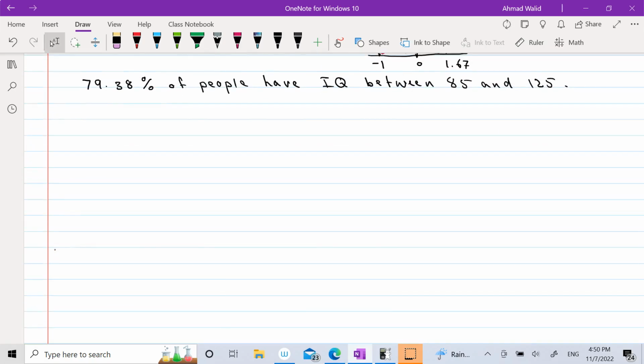Based on these two examples, let's write some key points that we should always remember. Key points. I'll make some notes for you. Key point number 1.